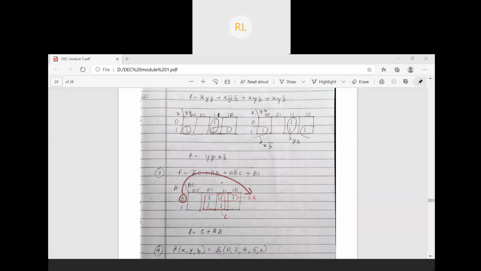And here I have 1, 1 and 1, 0. Out of those, 1 is going to get cancelled. So this 1, 0 gets cancelled and only 1 is remaining. What is that 1? Your B. So this is your A bar B. So my final equation, I bring them together here, and this becomes my final equation: F is equal to C plus A bar B. Okay, fine. So let's move on.